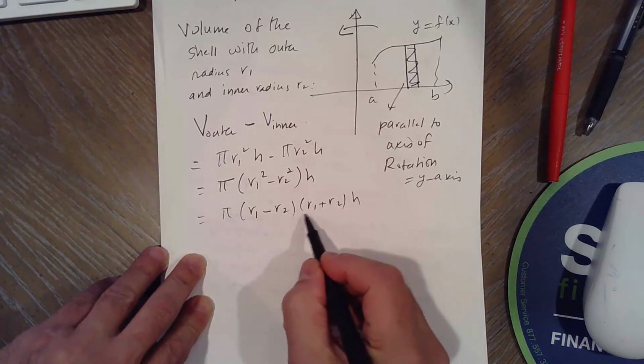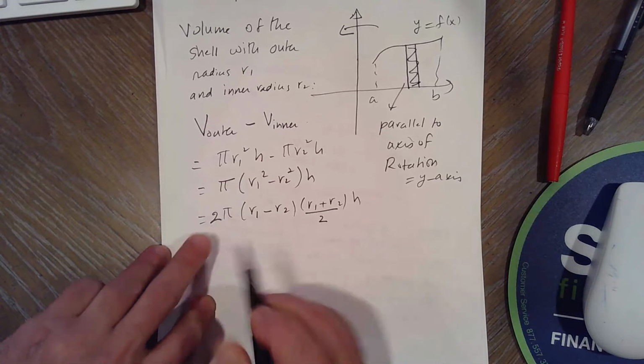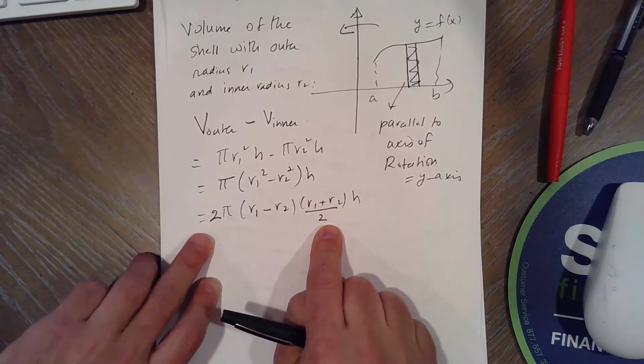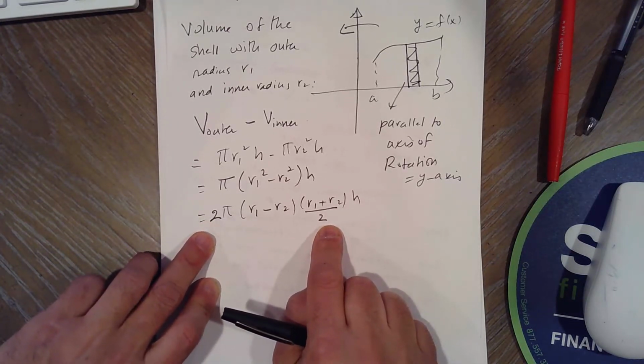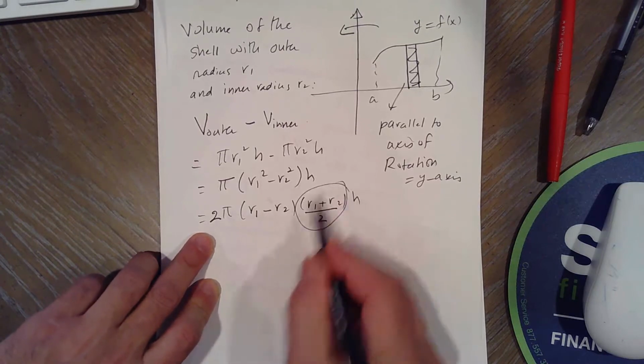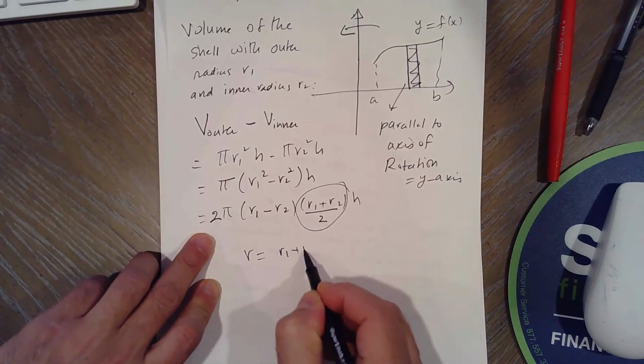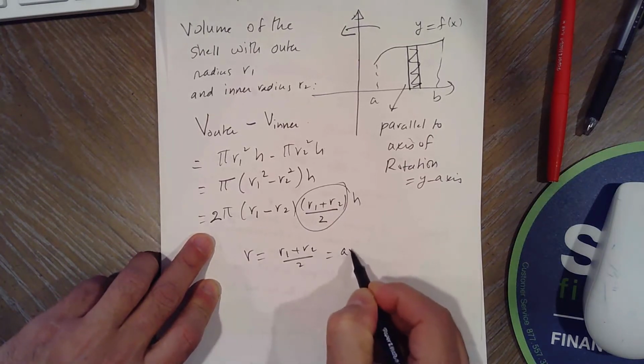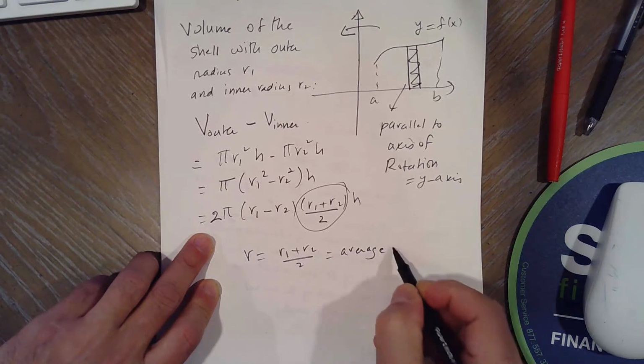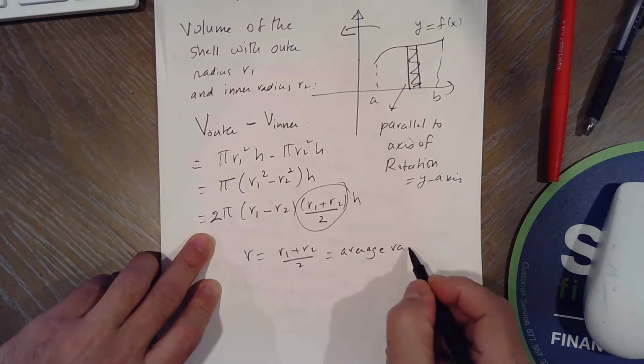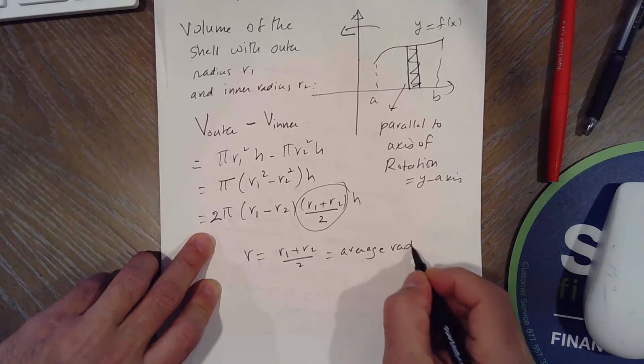So I want to multiply and divide by 2 for a reason. This is called the average radius, r1 plus r2 over 2, the average radius of the cylinders, of the top or bottom of the cylinder.